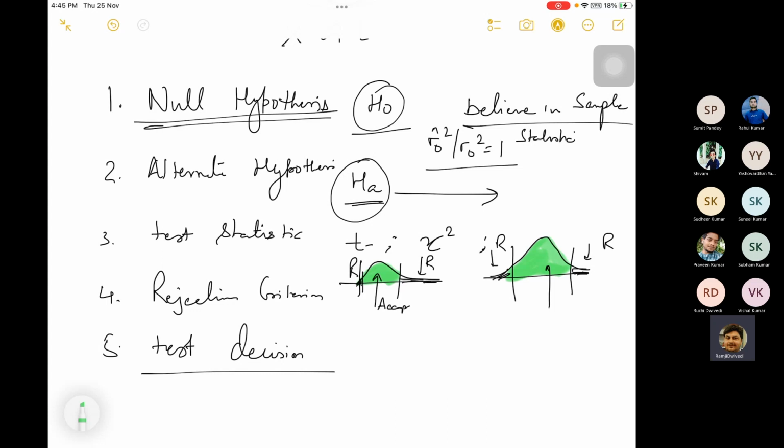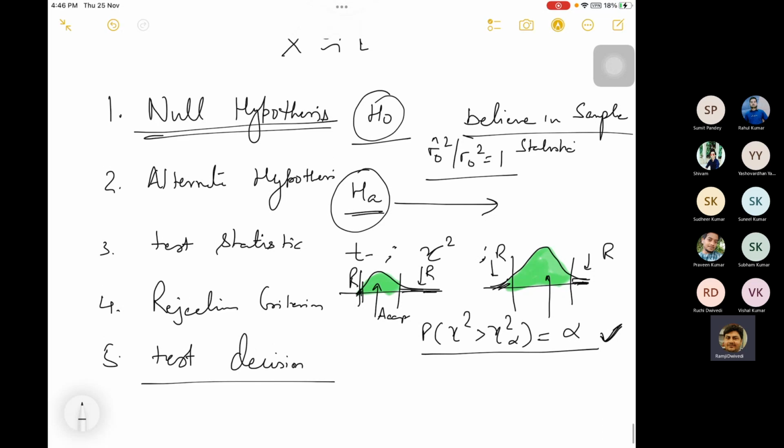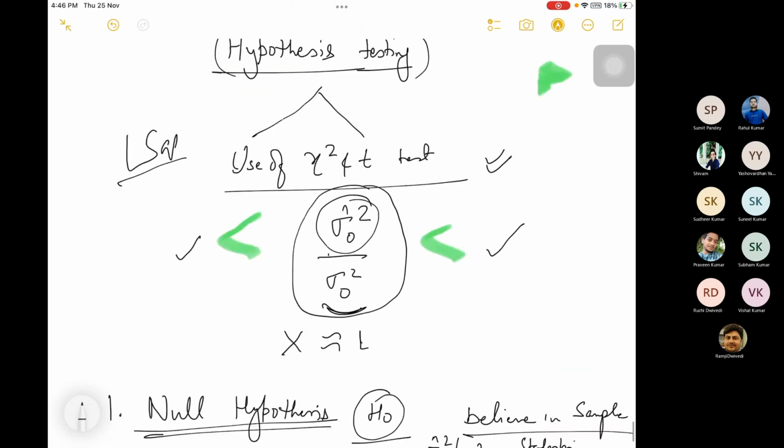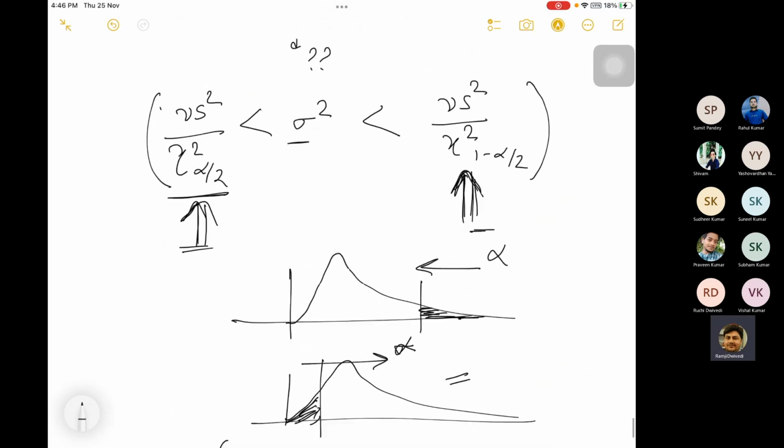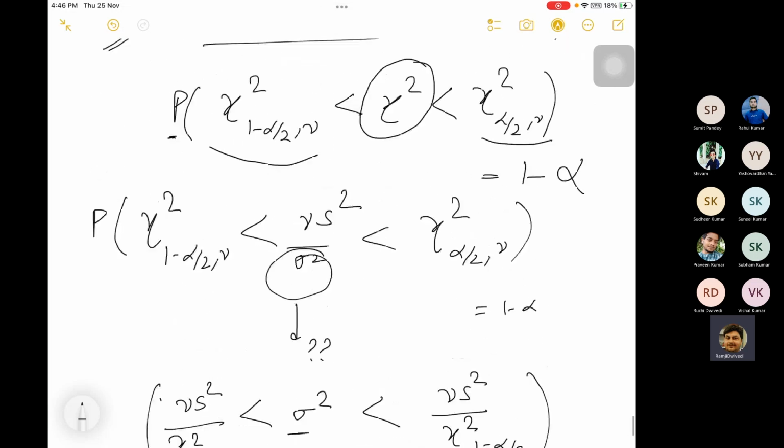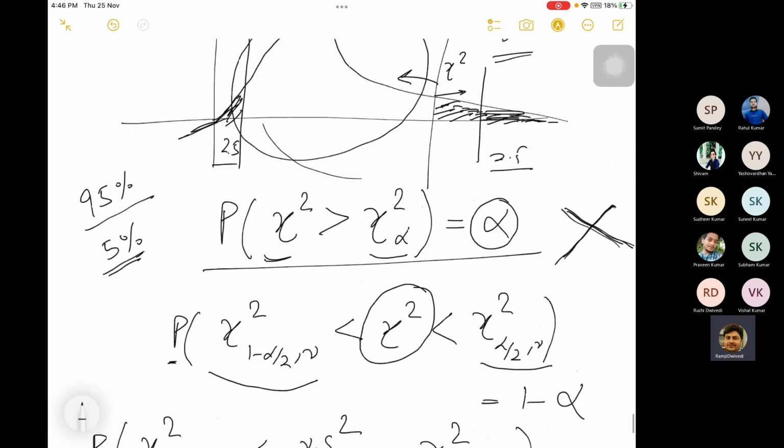Rejection criterion is obviously what? As I've told you, what is the statement that we have written? Chi square should be greater than chi square alpha. This is the rejection criterion, isn't it? In the previous case, this is your rejection criterion.